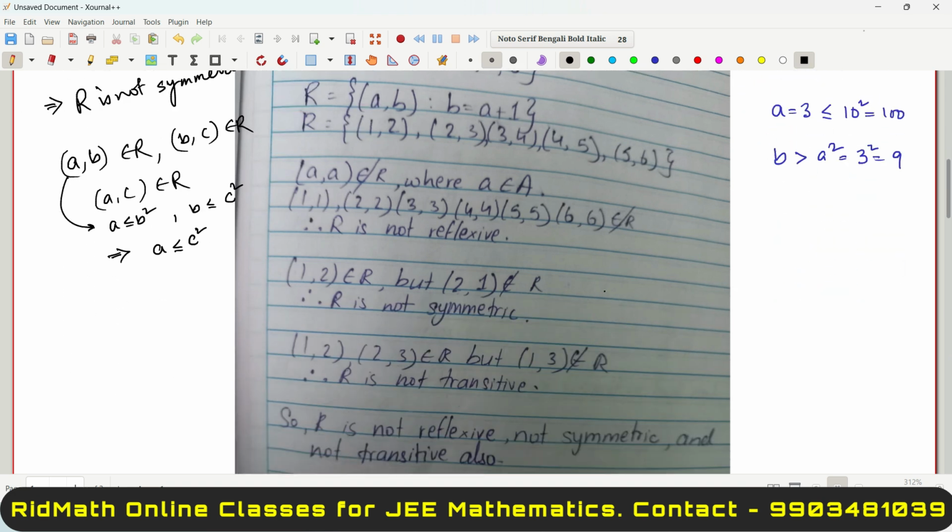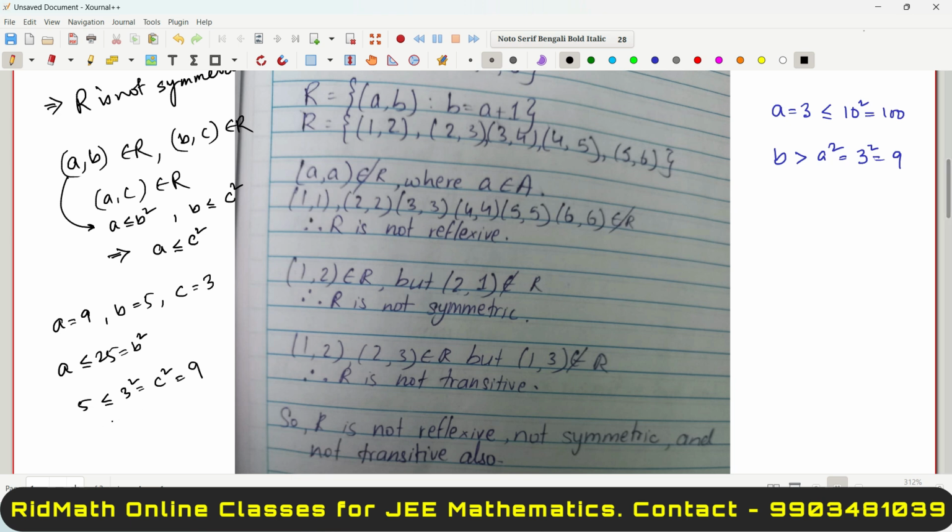There is an example. Take a equal to 9, b equal to 5, and c equal to 3. I hope this example will make it. So 9 is less than 25, which is b square, and 5 is less than 3 square, which is c square, equal to 9.